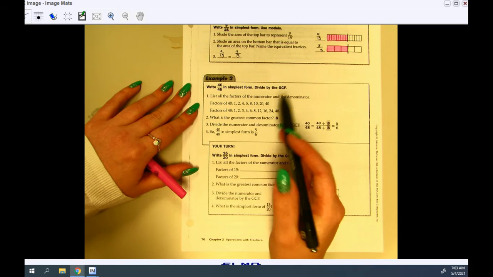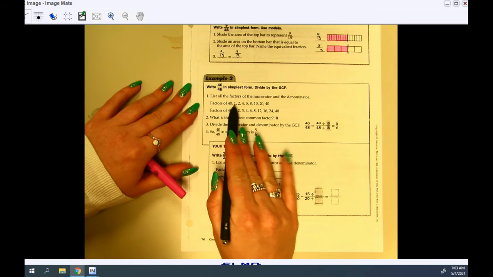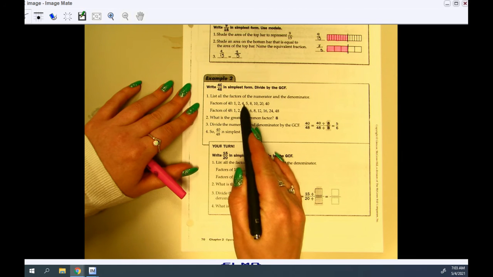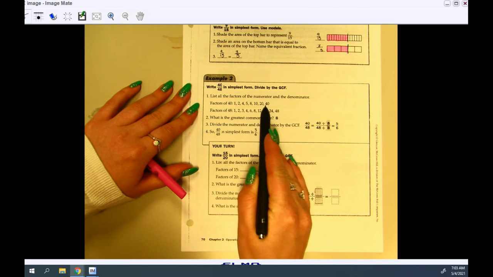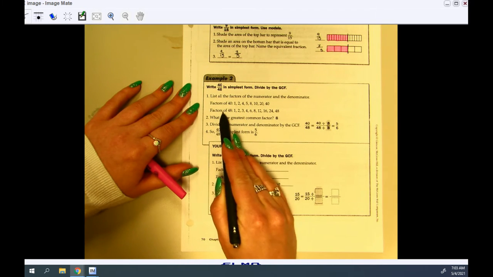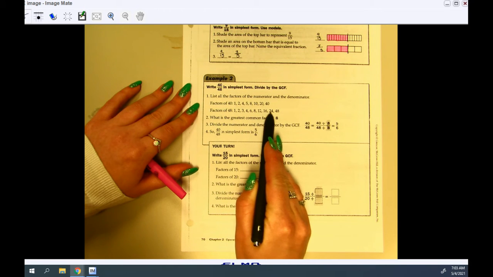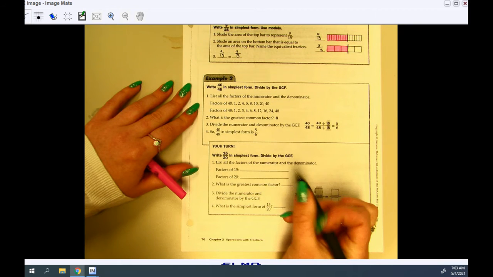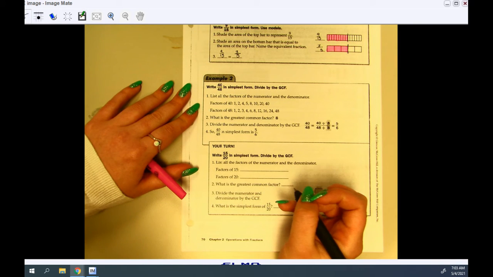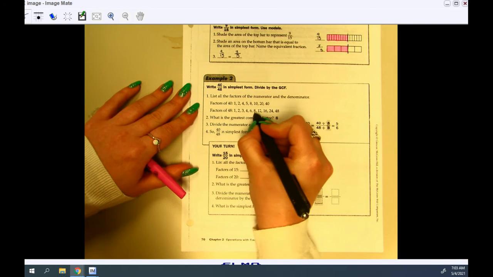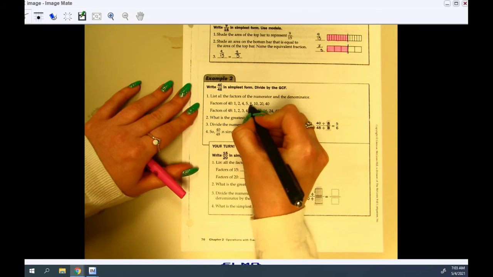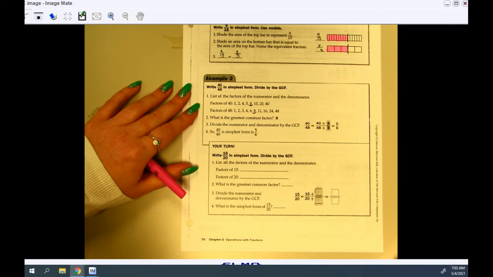The factors of 40 are 1, 2, 4, 5, 8, 10, 20, and 40. Factors of 48 were 1, 2, 3, 4, 6, 8, 12, 16, 24, 48. Based on their factors, they found out that the greatest number they have in common was 8.